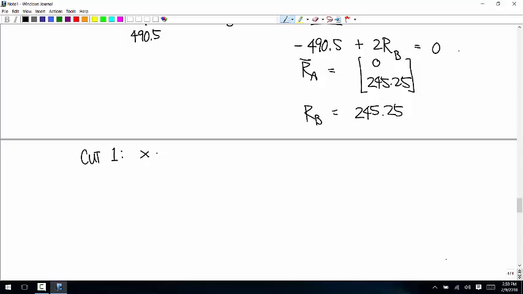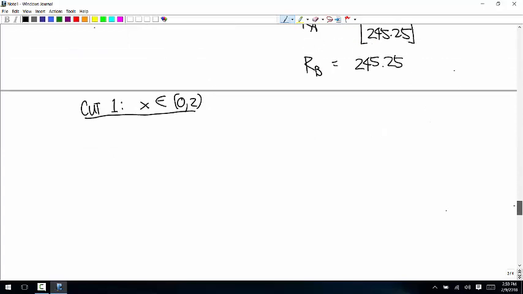Perfect time for tacos. So this is for any x between 0 and 2. So I'm going to stop drawing this pretty soon, but just to give you an idea, there's still this thing going on over here that is not included in our free body diagram.